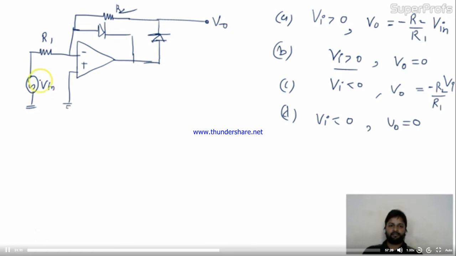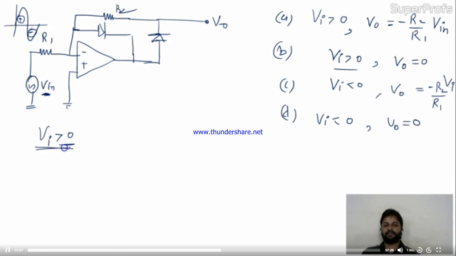So friends, Vi is an AC signal given, it means positive half and negative half. Let's take the condition Vi greater than 0.